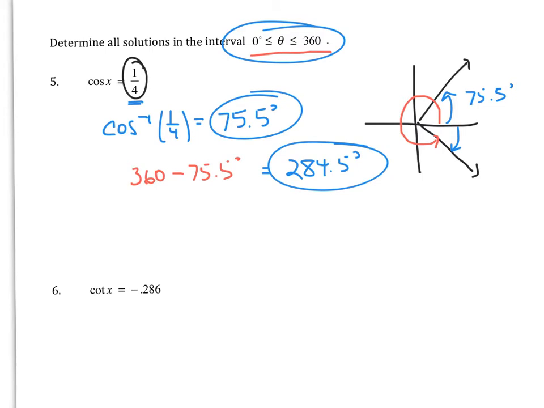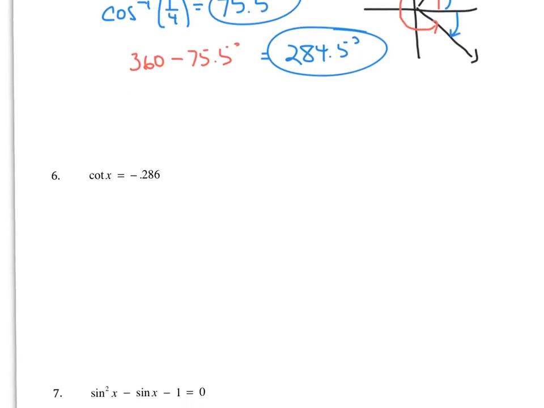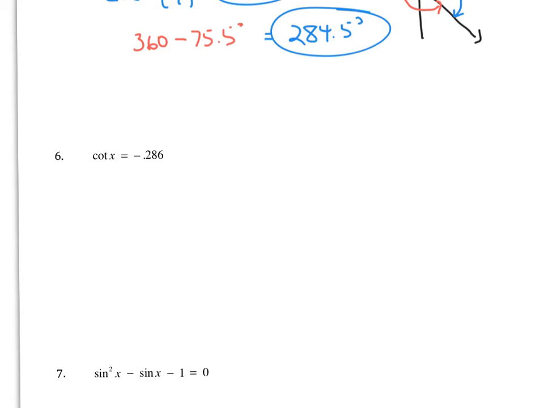Okay, so remember that this value tells us, kind of interprets what quadrants we're looking for our values. Okay, so to piggyback off of that, notice that our cotangent is negative. Well, when are tangent and cotangent negative? Tangent and cotangent are negative in the second and the fourth quadrant. So both of our answers are going to be in the second and fourth quadrant. All right, so how do you do a cotangent?